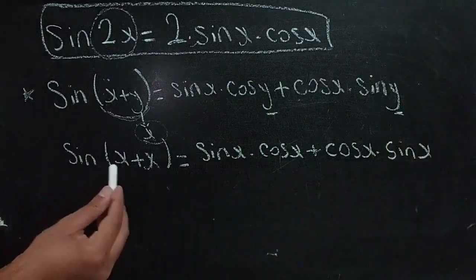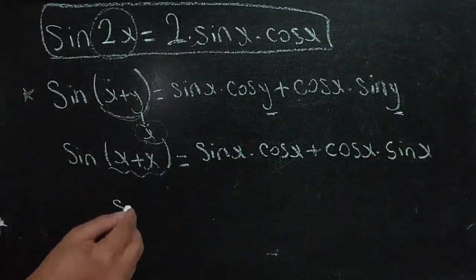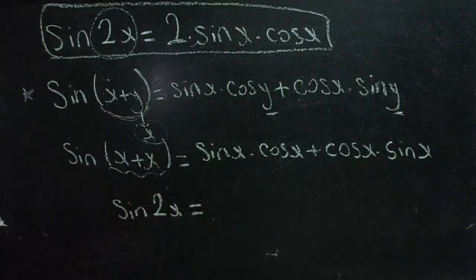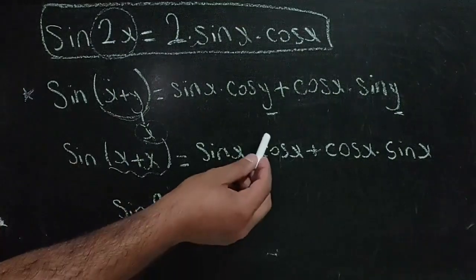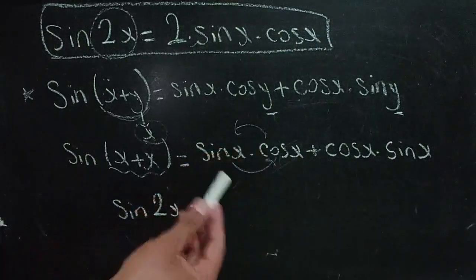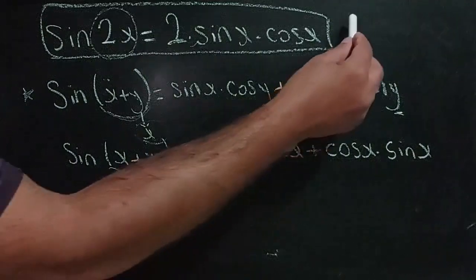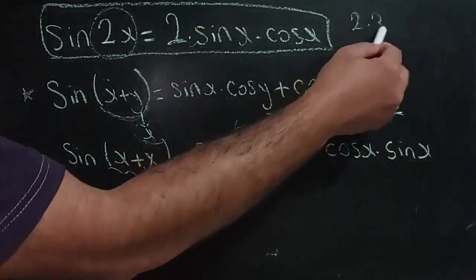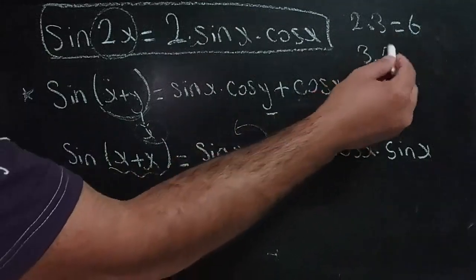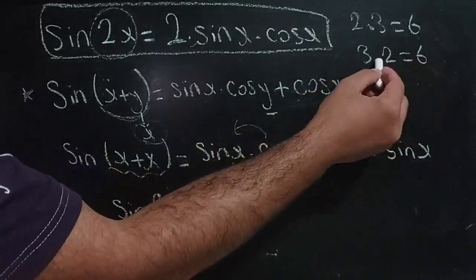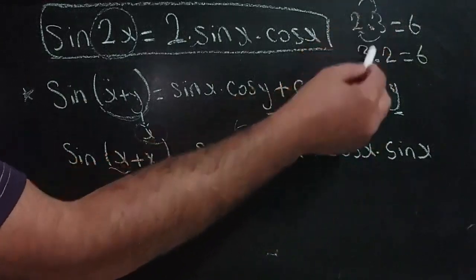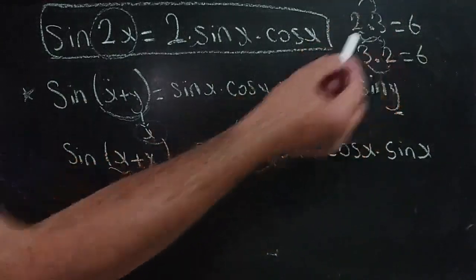So alright, there will be sinus 2x equals to, in multiplication you can change the place of this and this. The result won't change like that. For example, if you say 2 times 3, it is going to be 6, and when you say 3 times 2, it is still 6. It won't change. See, like this one, you can change the place of them in multiplication.